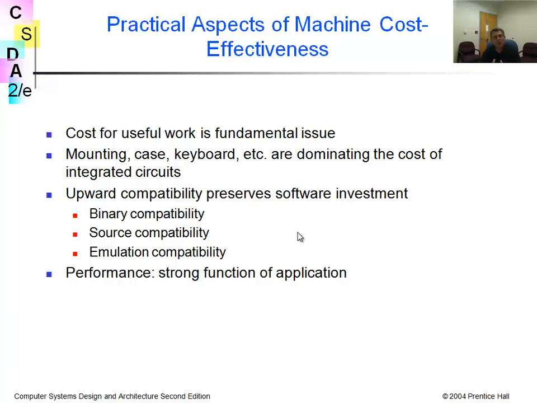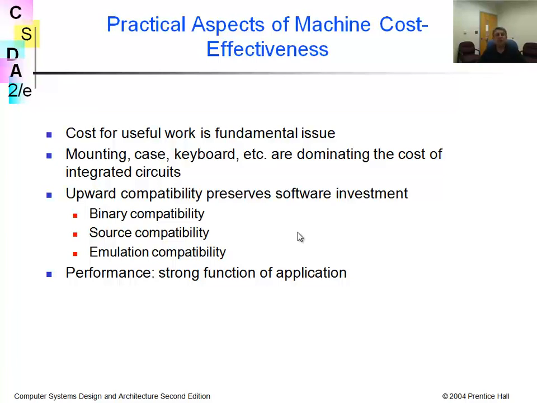So that system is totally different than a system that is constantly calculating many calculations, or is based on computation. All right. So those designs are different. For that reason, we always say performance is a strong function of application. Depends on the application. And when we design a computer, usually that's how we design them.